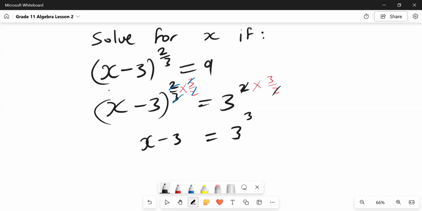But now the value there of p is what? It is an even number, which means we must have plus or minus. So that's x minus 3 equals plus or minus 27.